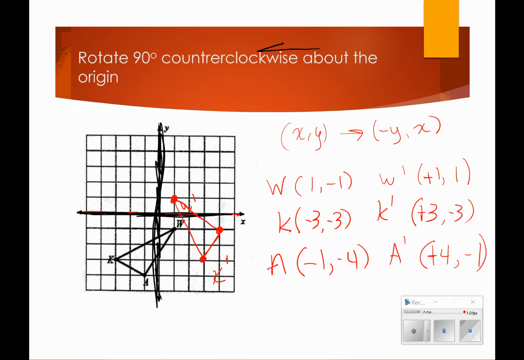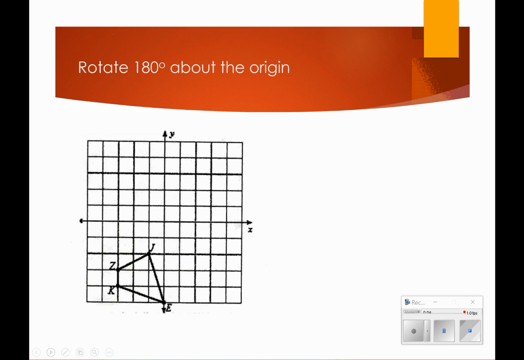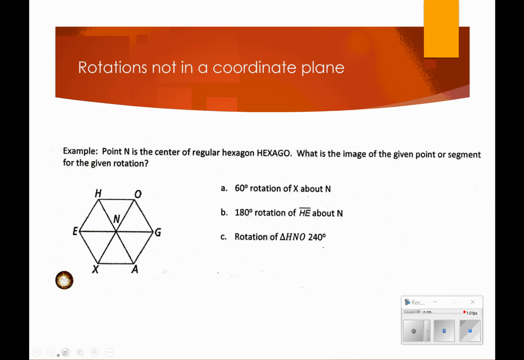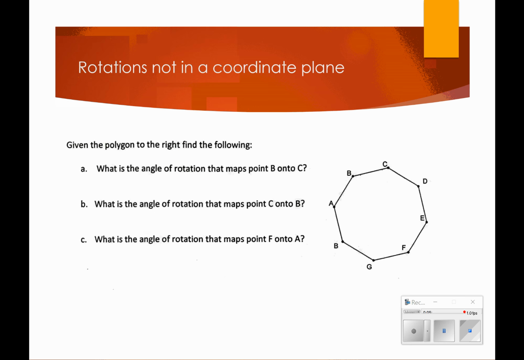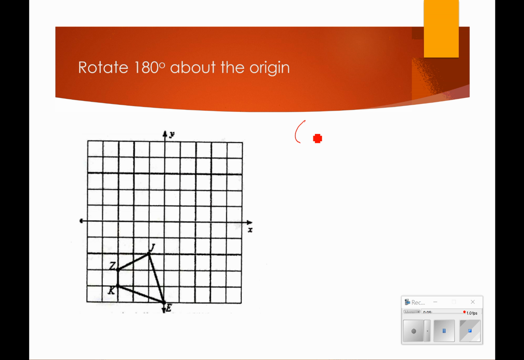Okay, if I'm going 180 degrees about the origin, all I'm going to do is, sorry, I didn't mean to bump that. Wrong way again. Take my X and Y values, and I just negate both.